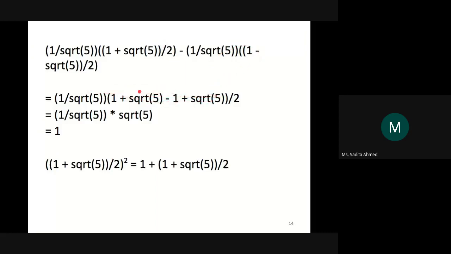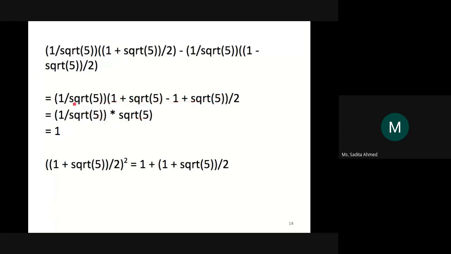And then 1 minus 1 gets cancelled out. What do we get here? 2 square root of 5 divided by 2. So what do we get from there? We get square root of 5.